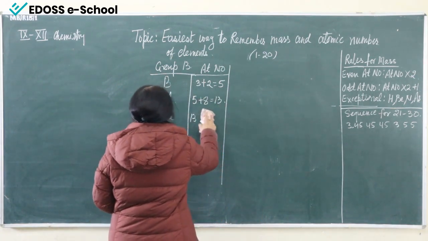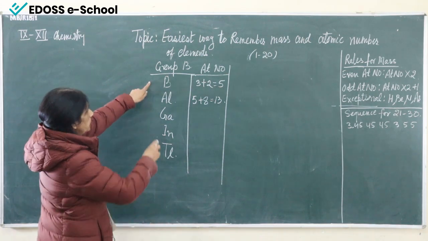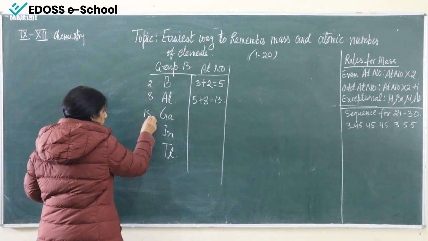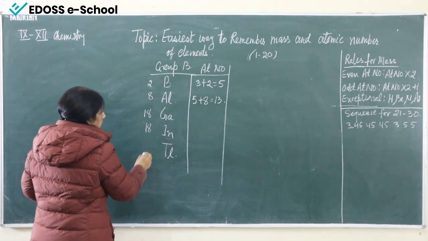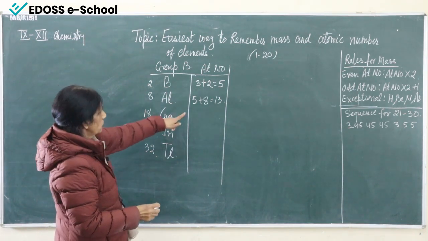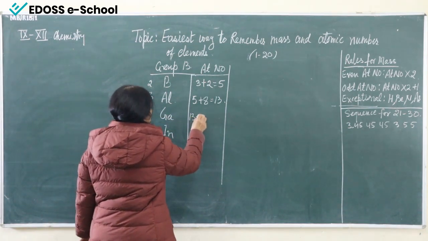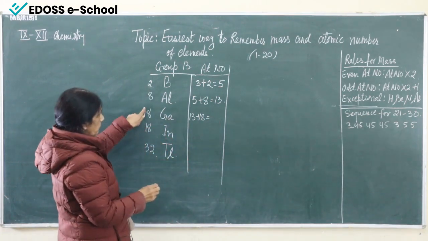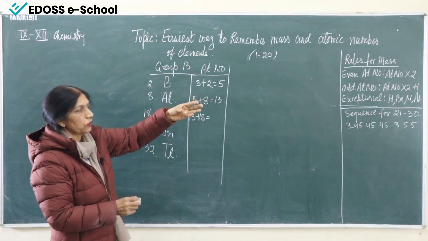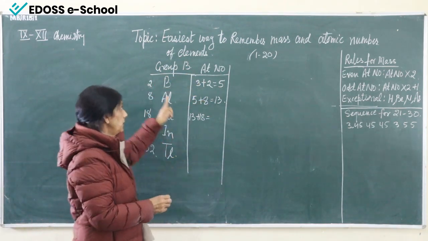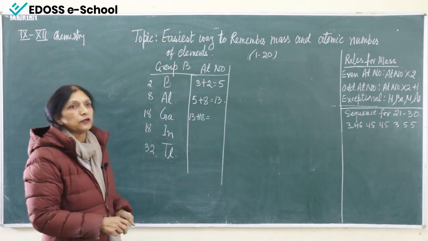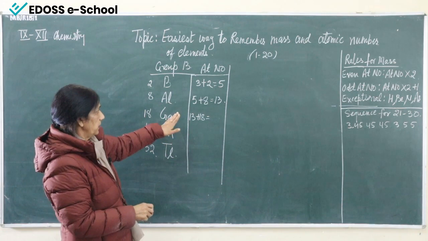Now here there is a little bit of change. Here we have to add 2, here 8, but here we have to add 18, 18 and here we have to add 32. So this will be 13 plus 18. Remember, after 13 we don't have to add 8 twice, group 13, 14, 15, 16, 17 and 18, because in the middle transition elements are also coming.